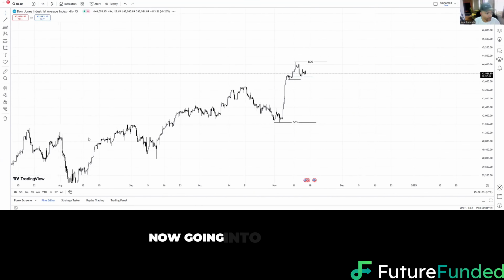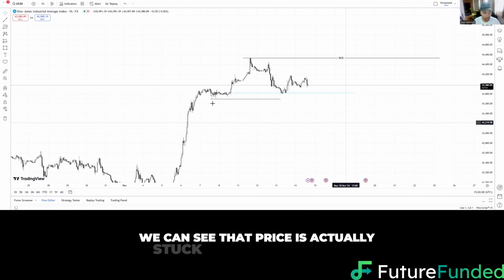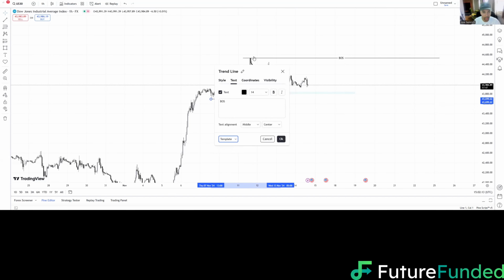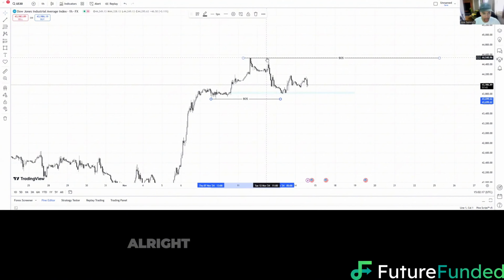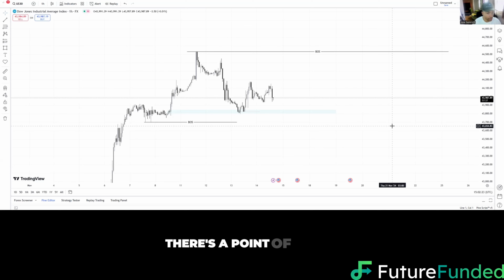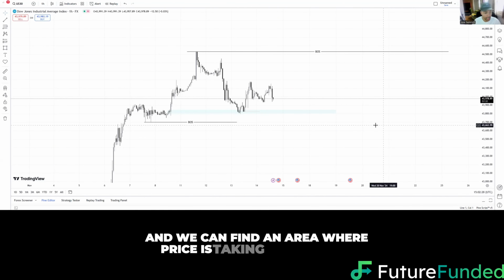Now, going into the 1-hour time frame, we can see that price is actually stuck within this 1-hour low internal range, and the 1-hour high is still the same as the 4-hour high. So now it's just about, well, where can we pick out an area where straight away there's a point of interest and price has taken out liquidity?